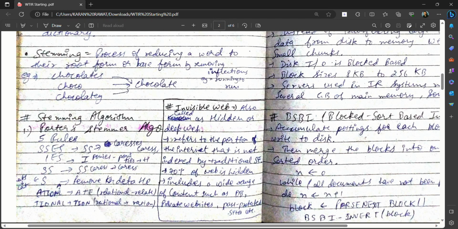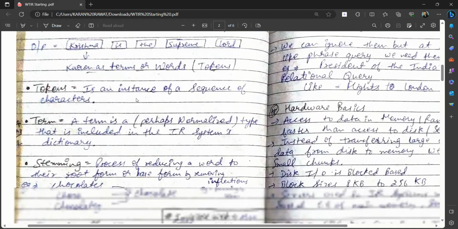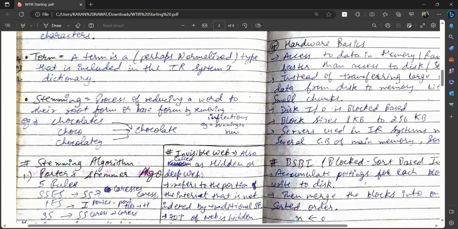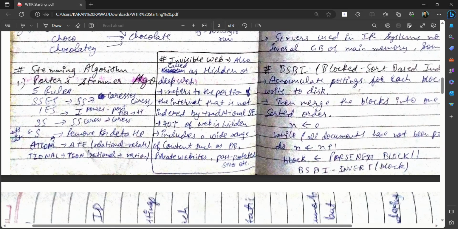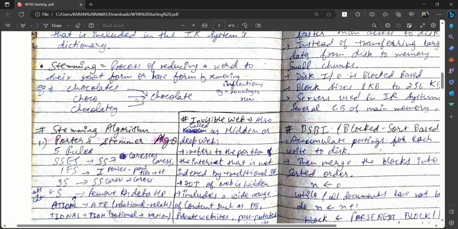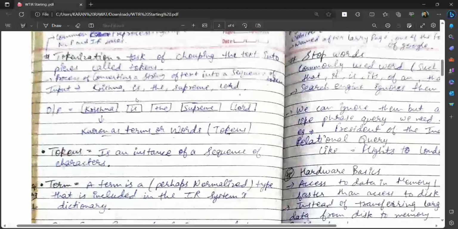In tokenization, we have nothing but the chopping of the text into pieces, and that chopped piece of text is then known as a token. So here we discuss what stemming is. Stemming is the process of reducing a word. See, in tokenization we just reduce a complete sentence into particular words, which we can call tokens.